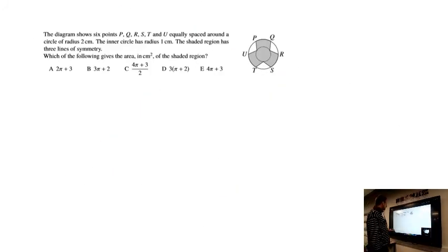Okay, so I'm going to break this into 3 parts. One part is going to include a sector and 2 triangles. The second part will include another sector and also these 2 triangles.